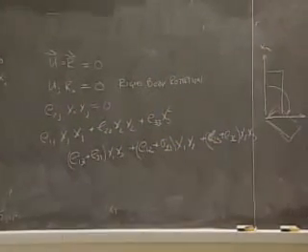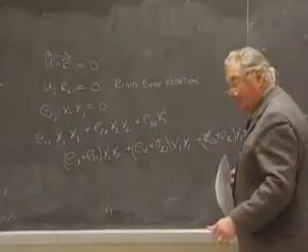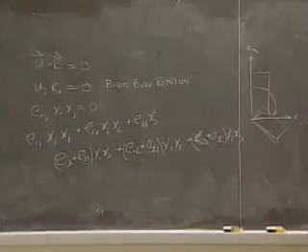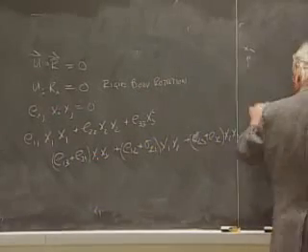And my claim now is that if this represents rigid body rotation, then that should be 0.